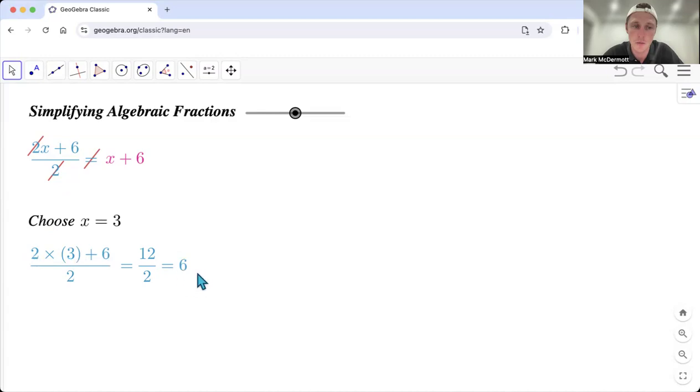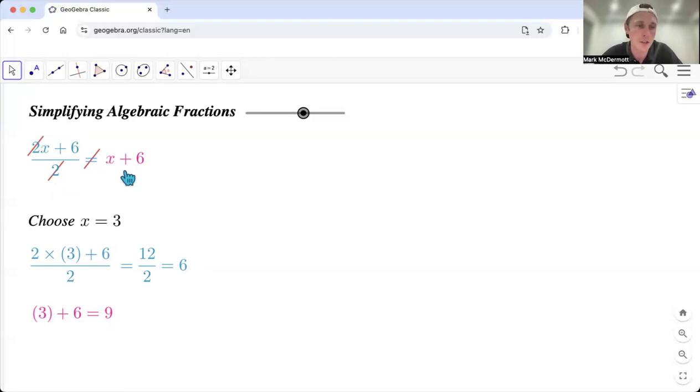That's our correct answer when x is 3. But by the logic of this mistake, the answer should be 3 plus 6, which would be 9, wouldn't it? So we can see that it doesn't work, and it has to work for all values of x, right? It has to always be true. So we can see that this does not simplify to x plus 6.